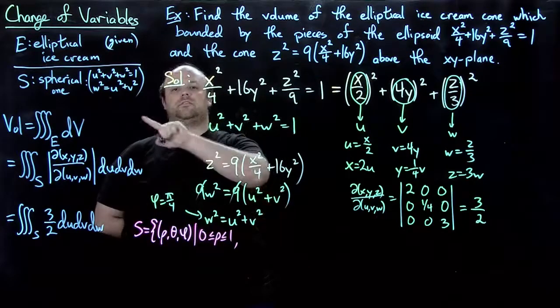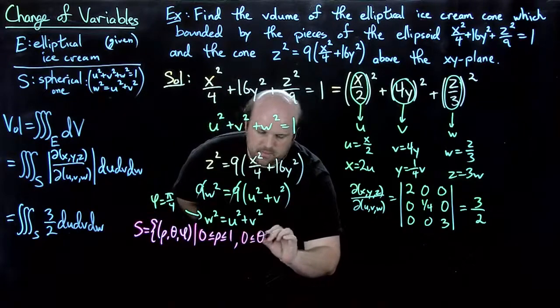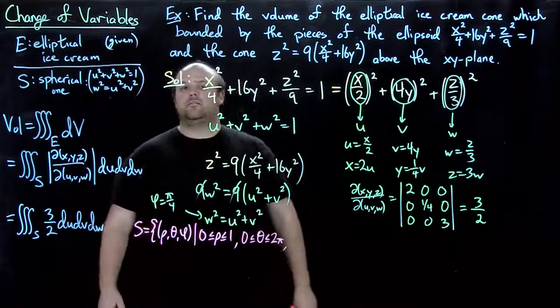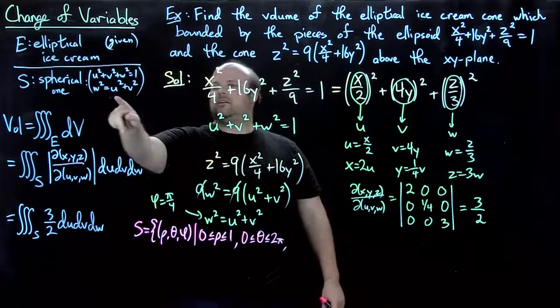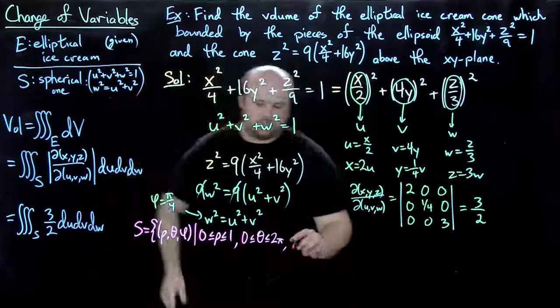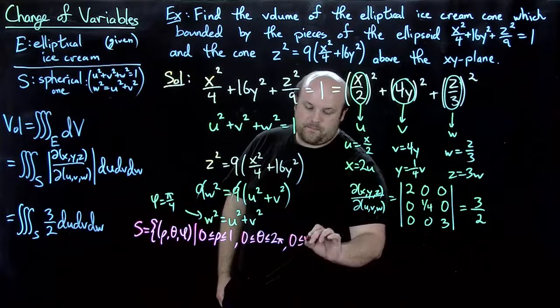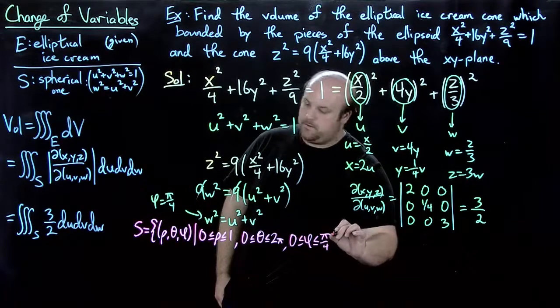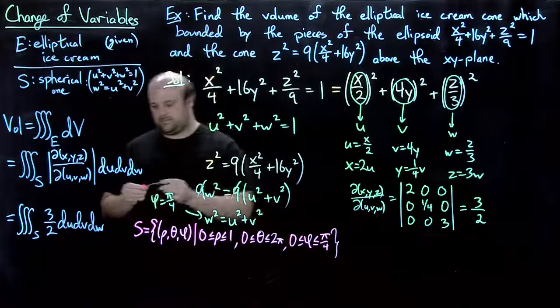Theta, well, it's the whole way around, so 0 to 2 pi. And then phi, well, we start all the way at the top, and then we fall till we hit the cone. And this cone happens to have phi equal to pi over 4. So we get this for S.